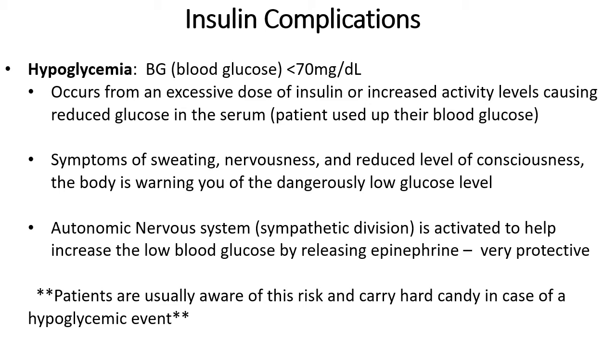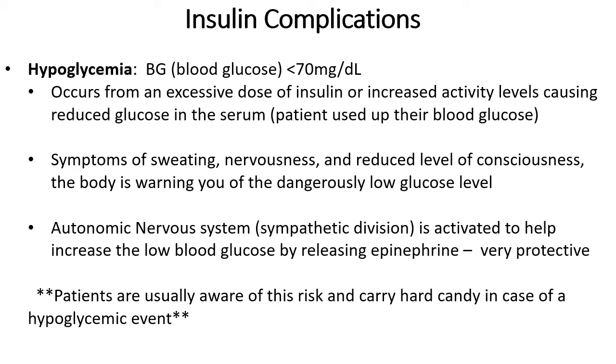So all of these symptoms are explainable if you understand what's happening as the glucose level is dropping in the blood. So the sweating, the nervousness, the tachycardia, the paleness, that's the sympathetic nervous system turning on, trying to warn you, and also release glycogen into glucose in the bloodstream.